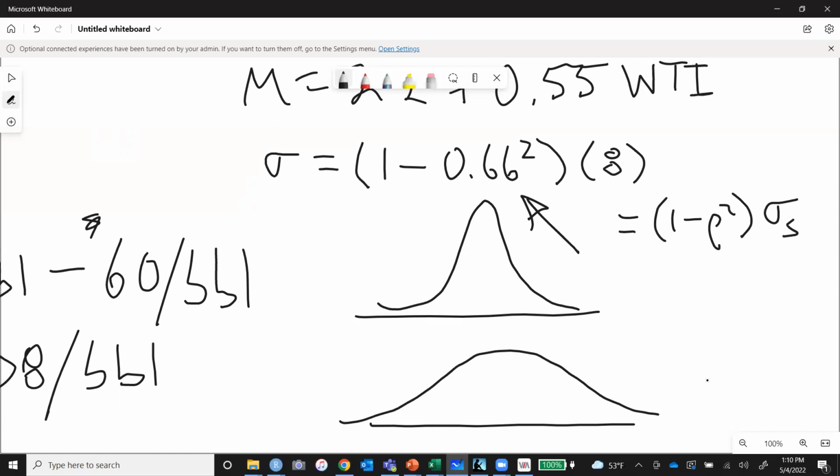Deviation of 8, already taking a discount. 1 minus 0.66 squared, all right? 0.66 times 0.66 is 0.43 something. 1 minus that is, okay, it's like a 98% of 8. That's the idea behind it.